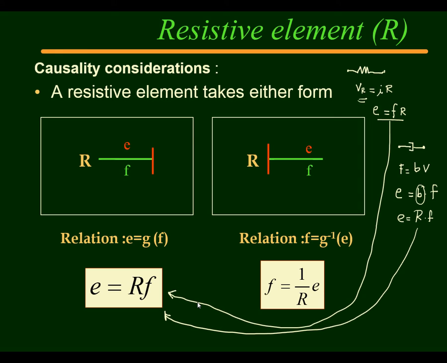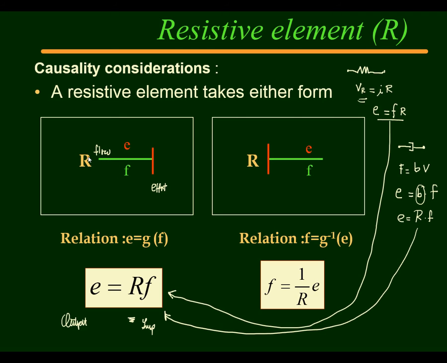When you write it like this, the fact that you write this equation here, you are saying that this is the output and this is the input. Okay, and this of course is the constant of the element. That is indicated by this little picture here. See, this is your effort here, and the green is the flow.